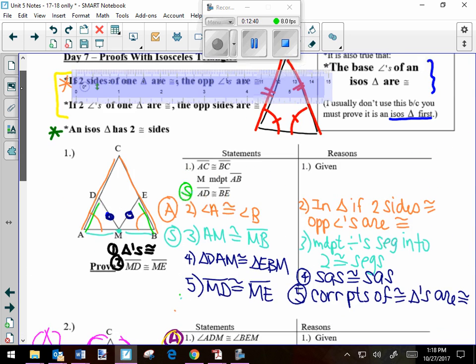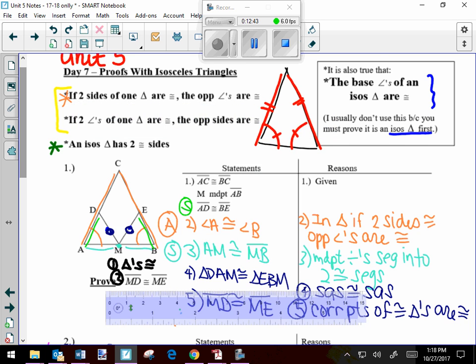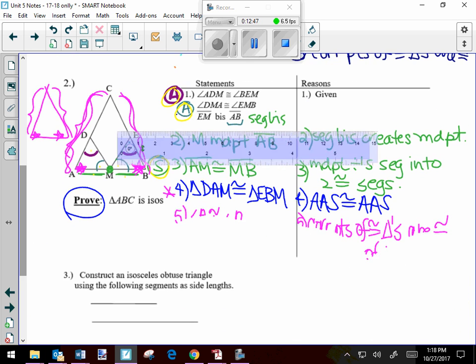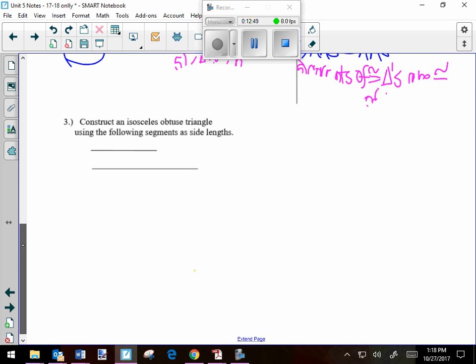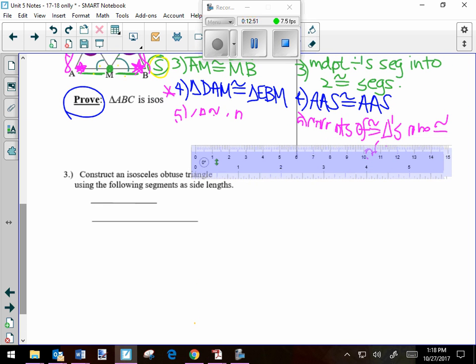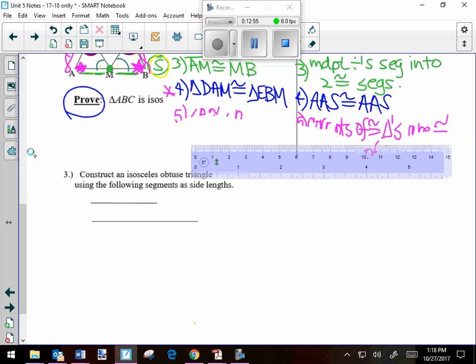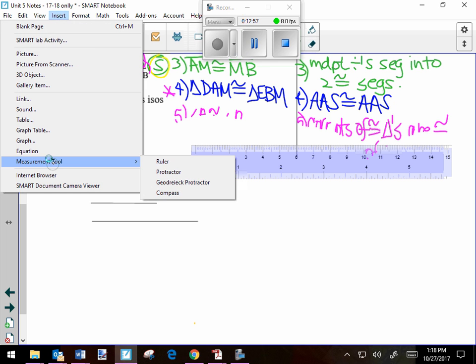Did it show up somewhere? There it is. I just have to pull that down now, so maybe you'll need to get your construction tools out too. So here's my ruler, and then I also have to go in and get my compass.